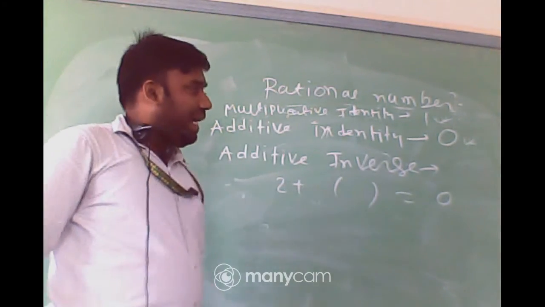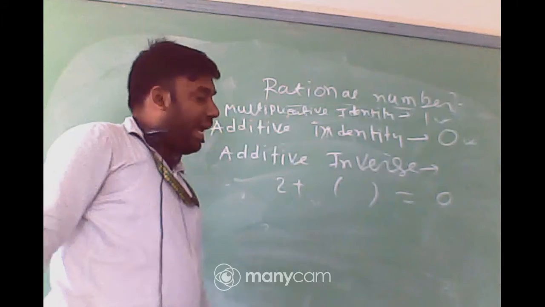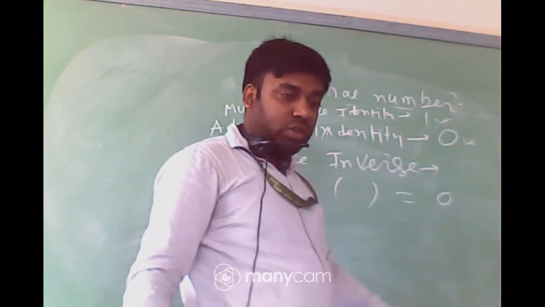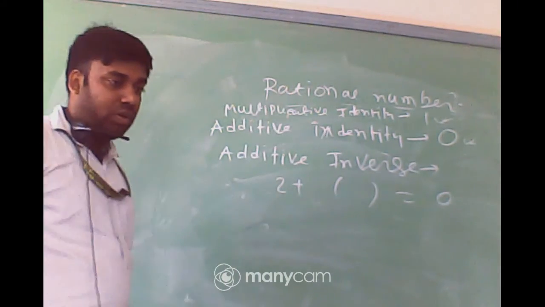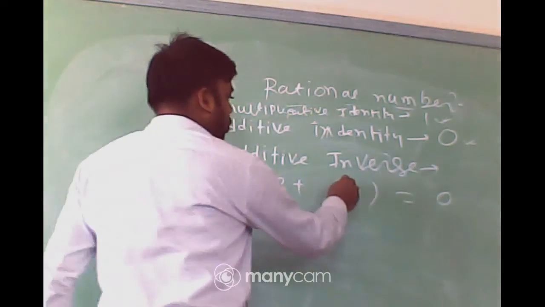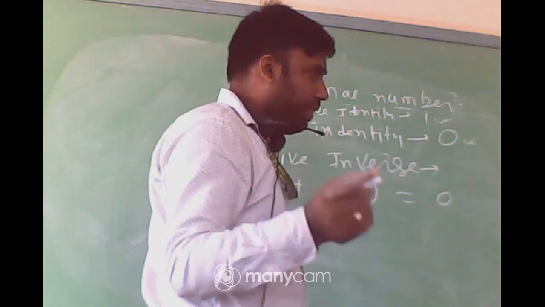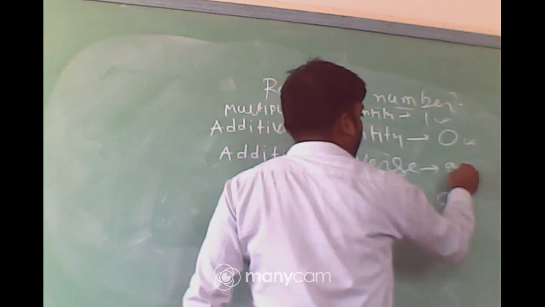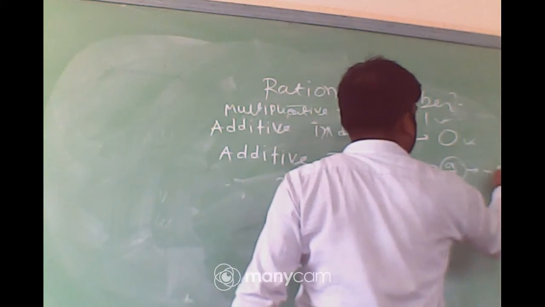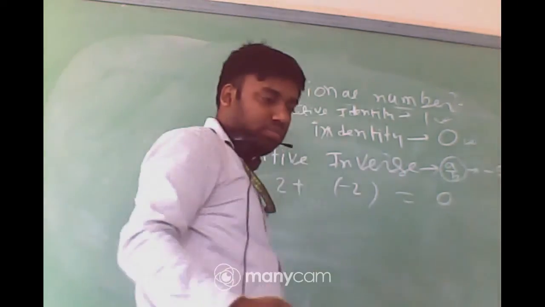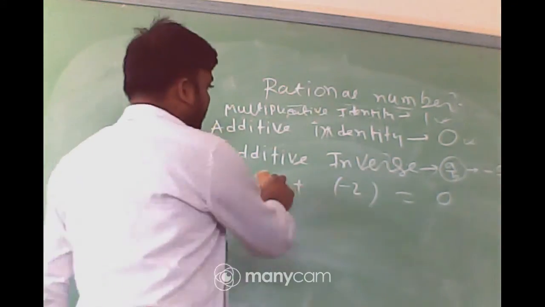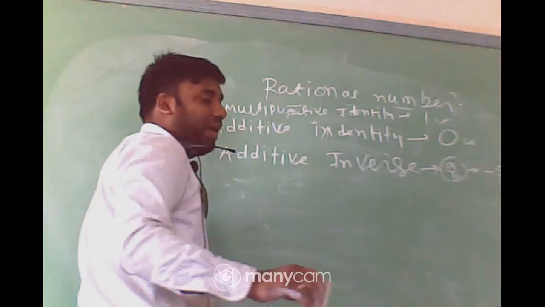Yes, minus 2. So the additive inverse of any number, for example A by B, will be minus A by B. Got it, everyone? Additive inverse of A by B is minus A by B.